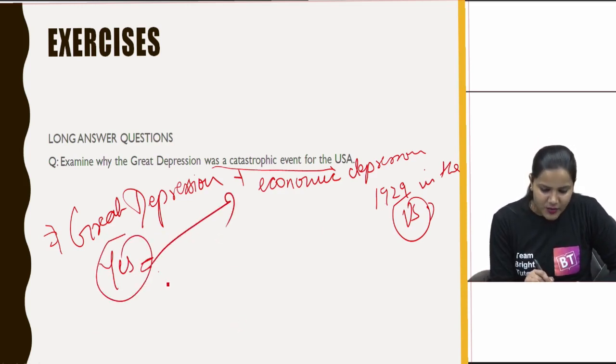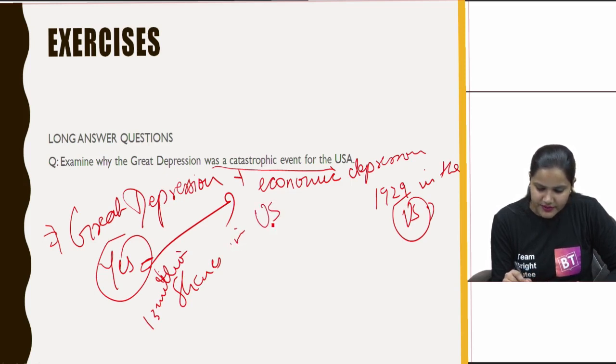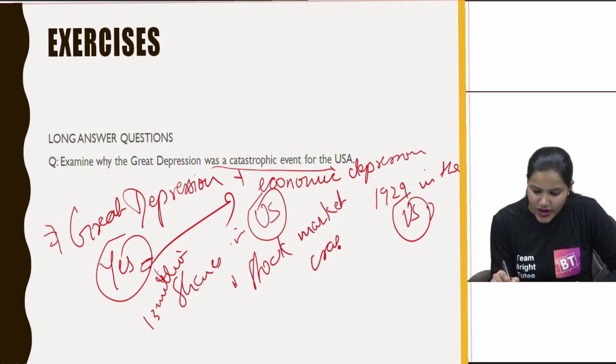Why? Because we see that 13 million shares were sold in the United States. The stock market crashed. You have to write these points here. Banks and businesses were closed.